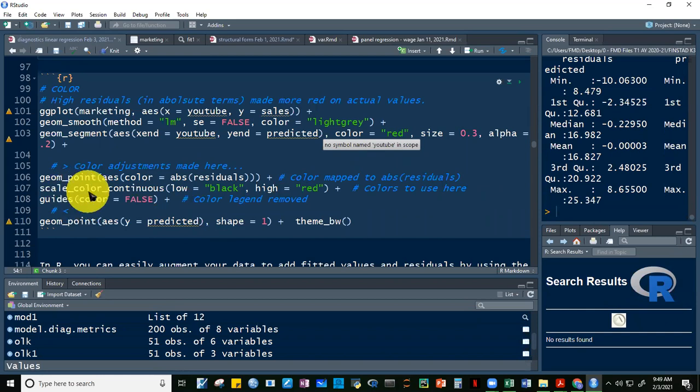For our geom point aesthetics, we color by the absolute value of residuals, plus scale color continuous, black and red. This means points with low residuals are colored black, and high ones are colored red. Guides color is equal to false. Then another geom point, y is equal to predicted, shape is equal to 1, plus theme black and white. No need to explain this in greater detail. I just want us to run it and see.